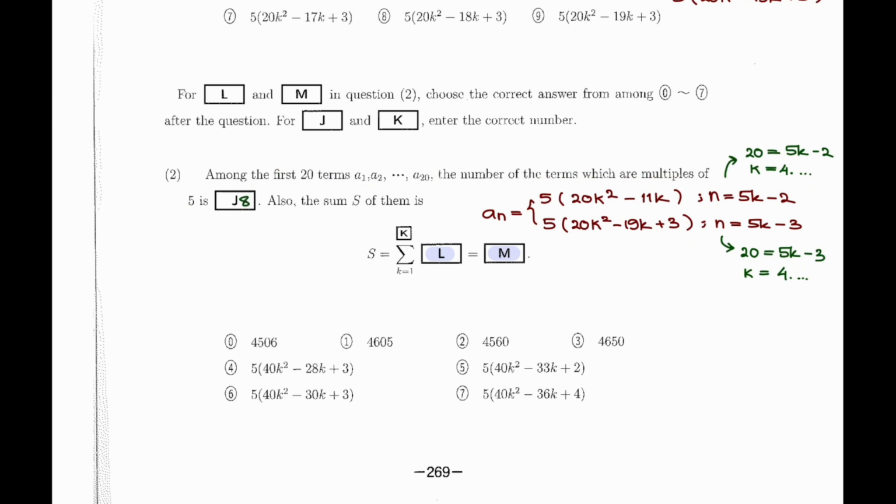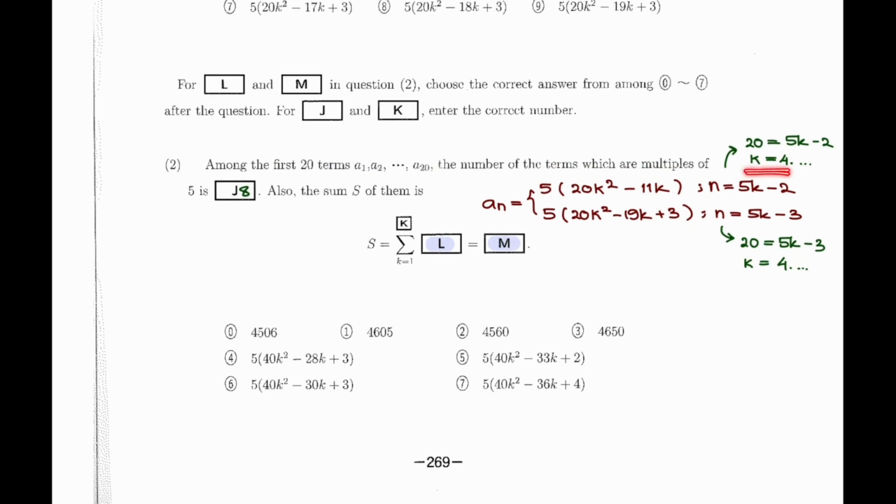Also, the sum S of them. We want to find the sum of them. Since k is 1 until 4, the letter K here is 4. Then L is the sum of these two expressions.